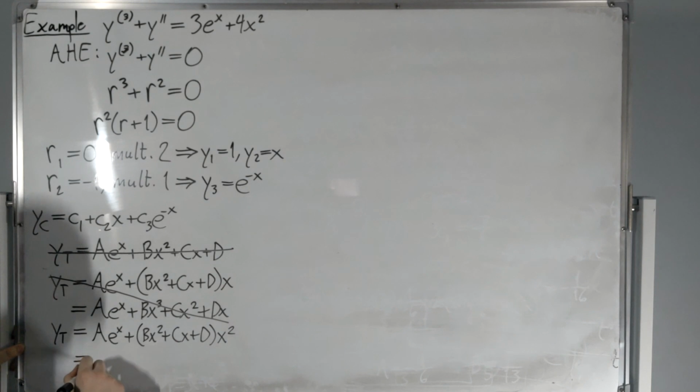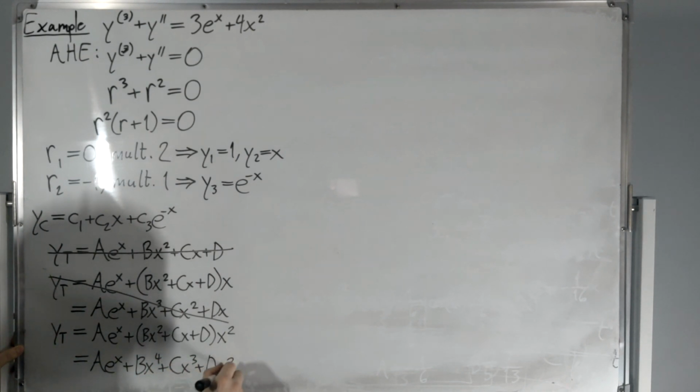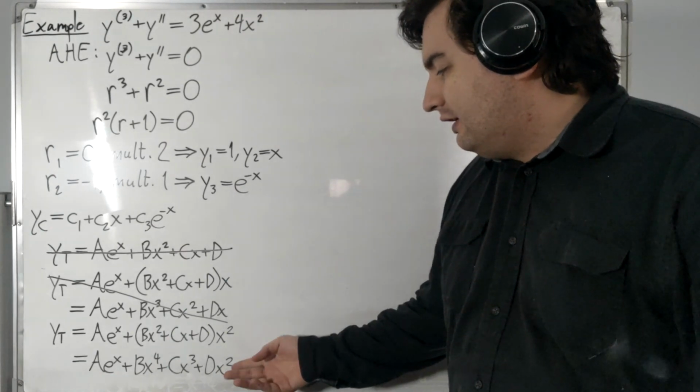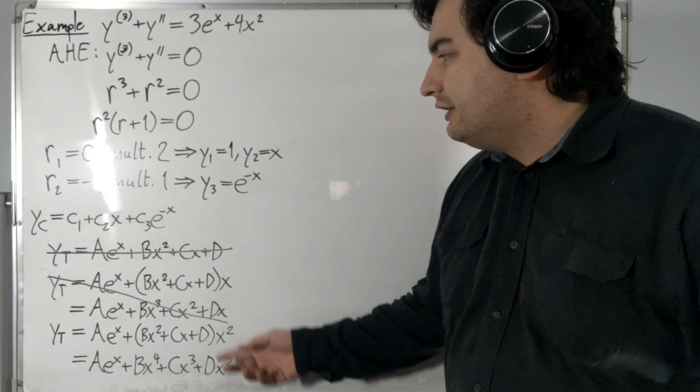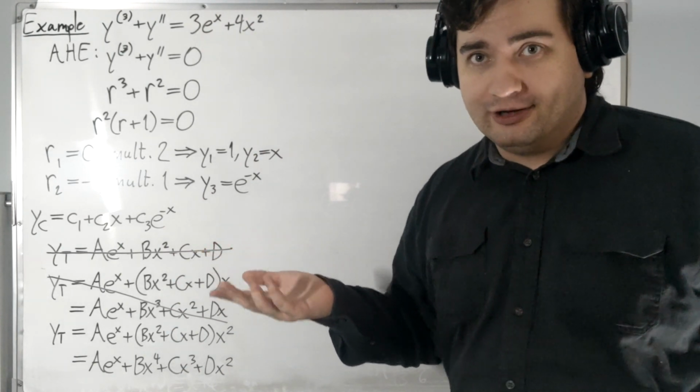That turns into ae to the x plus bx to the fourth plus cx cubed plus dx squared. And then finally, this is completely linearly independent from this. So we have no more duplication to worry about.